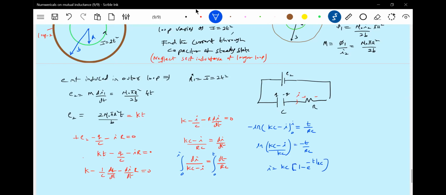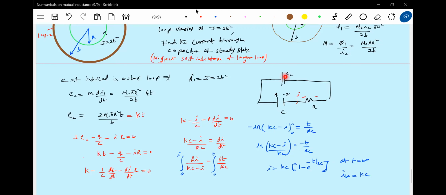Now look at this. It's asking steady state current. What shall we do at t equal to infinity? We had some basic idea. What is that? At steady state, a capacitor is an open circuit and current will be 0. So one option will be there, 0, so that you can pick up and go wrong. Look at the cell.